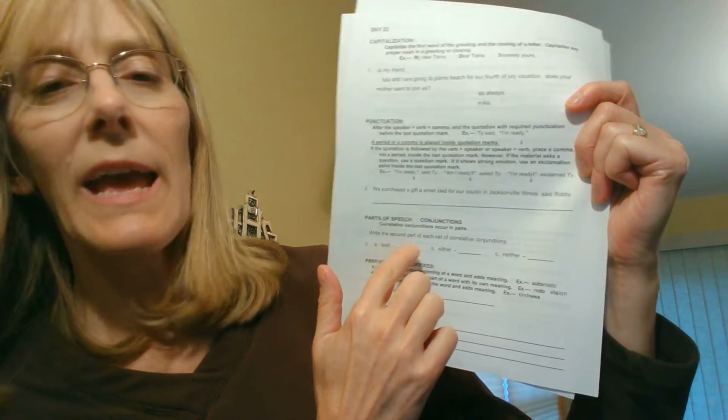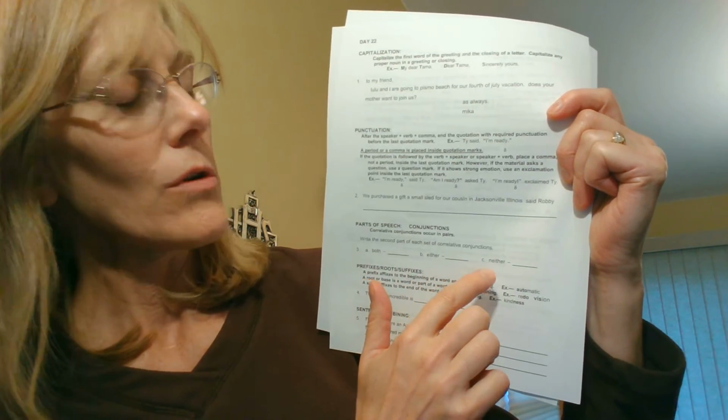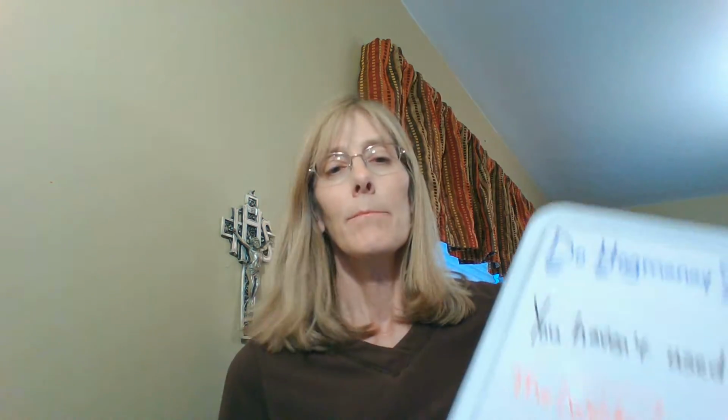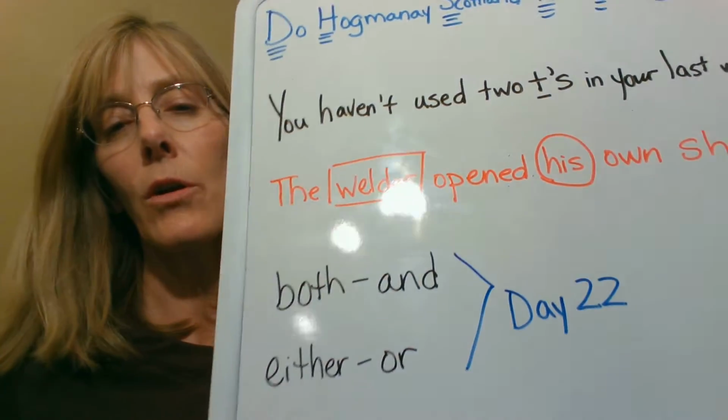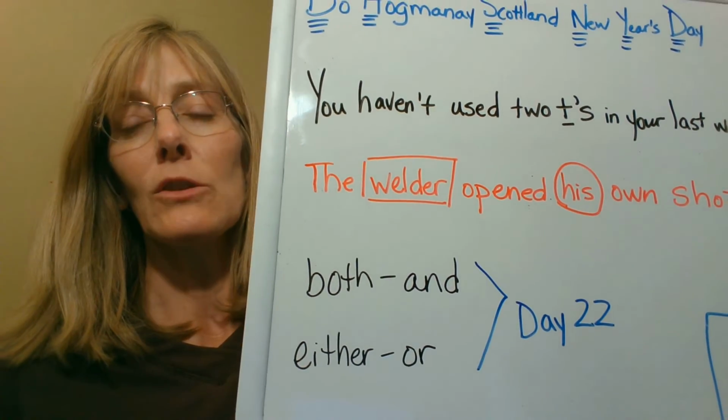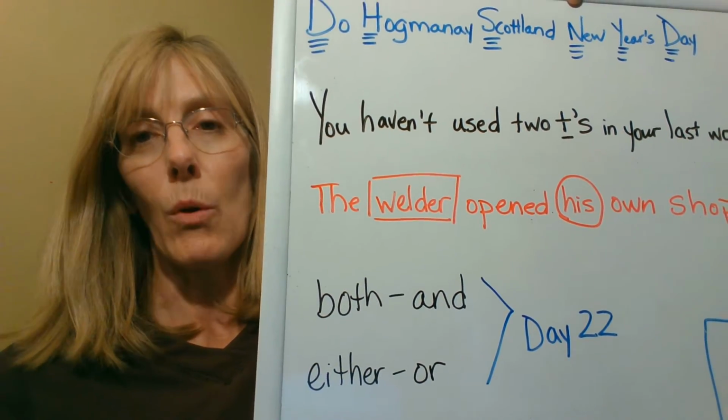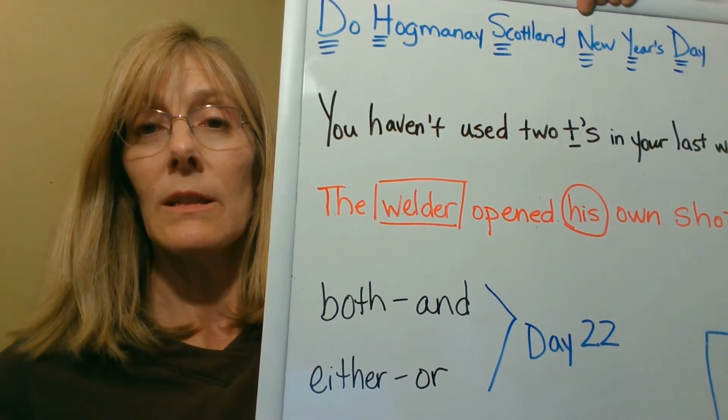So there was both and, either or, neither nor. Let's look at our sentence. On Saturday, the family attended both a football game and a soccer game. All right, well, I just said both and, either or are correlative conjunctions from day 22. So you're going to circle both and you're going to circle and.